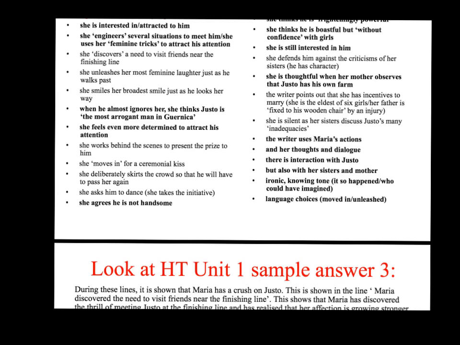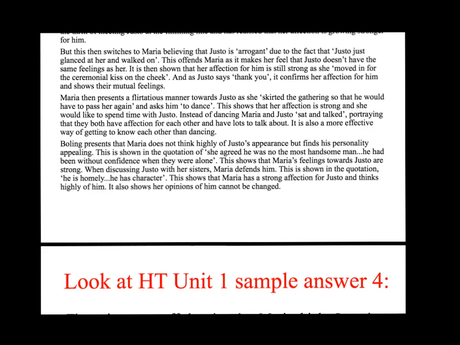So during these lines, it is shown that Maria has a crush on Justo. This is shown in the line, Maria discovered the need to visit friends near the finishing line. This shows that Maria has discovered the thrill of meeting Justo at the finishing line and has realised that her affection is growing stronger. But this then switches to Maria believing that Justo is arrogant due to the fact that Justo just glanced at her and walked on.